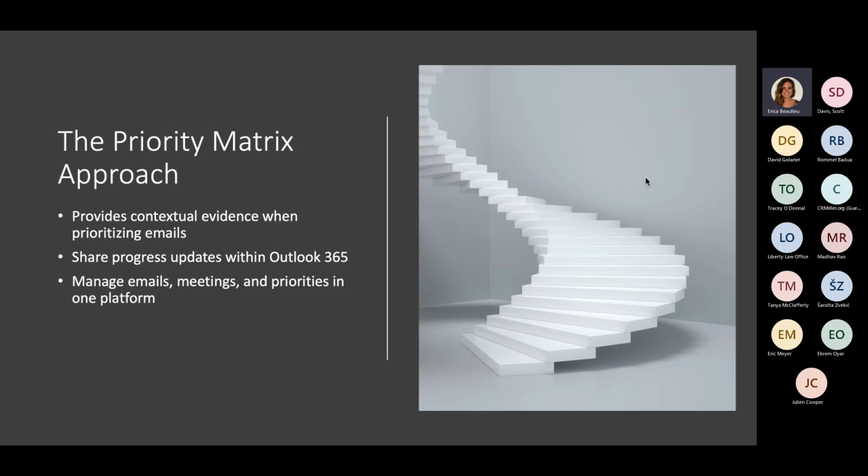So, for all of you that love spending time in your inbox, maybe you love it or you hate it, but ultimately you're in there for most of the day, no problem. You can still provide those progress updates to your teammates without even leaving Outlook, which is pretty neat. Priority Matrix is going to help you manage emails, meetings, and your priorities in just one central platform.